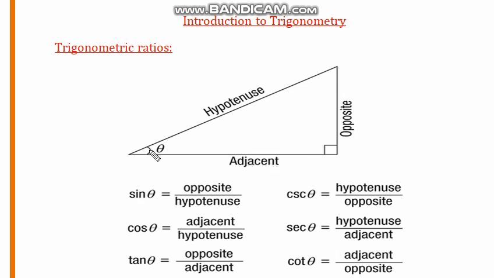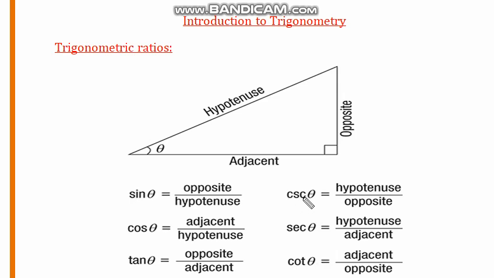If you know the angle of elevation and the shadow, you can easily find the height of the tree. We will discuss an example later. If you know sine, cos, and tan, you can easily find the remaining three.